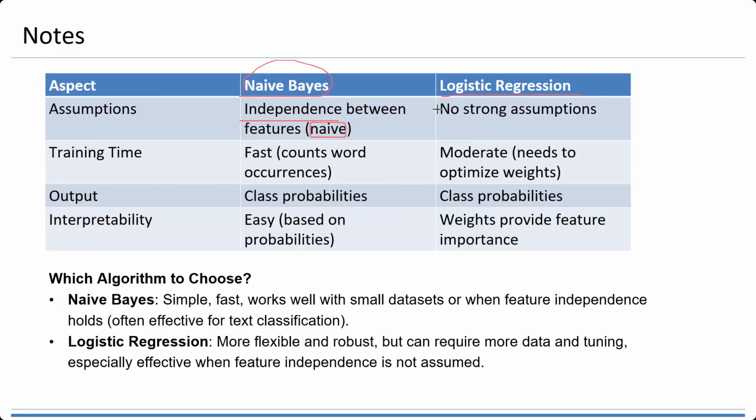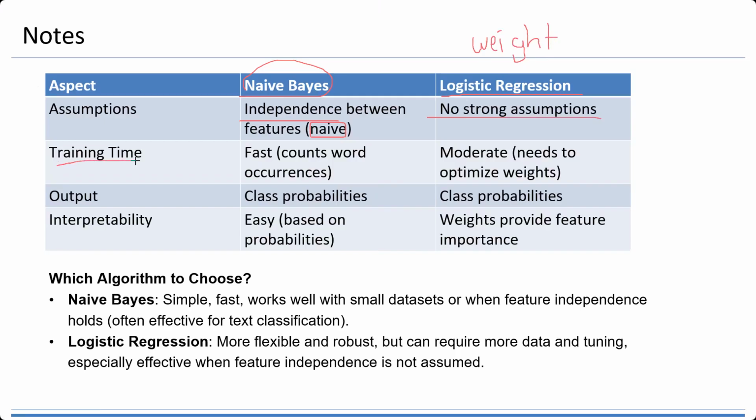For logistic regression, there are no strong assumptions. It means that they will check the relationship between the words. They use weights in order to check how big the weight is for that particular word in the sentence.